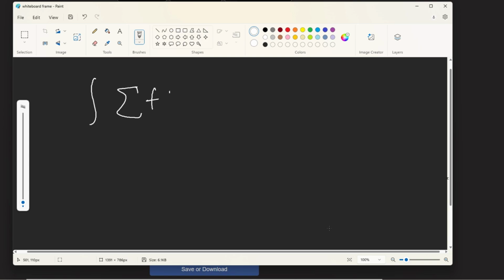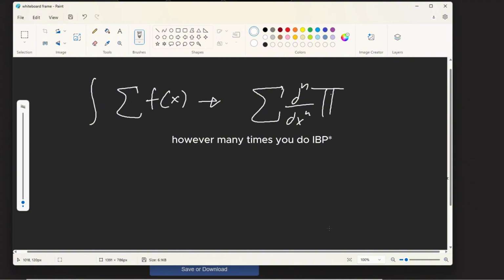and then what you do after that is you use integration by parts. What that does is it turns your whole sum into a bunch of pi products with derivatives, however many times you did the Maclaurin-Taylor series or whatever. But you get a pi product. I don't know what I'm doing. It's something like that.